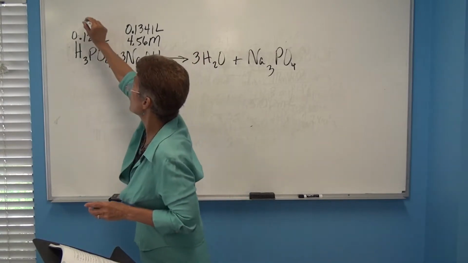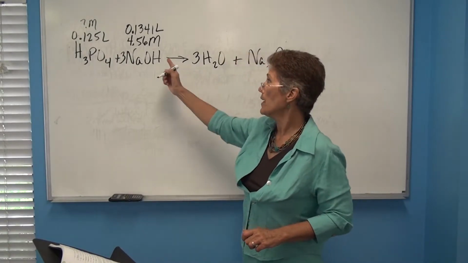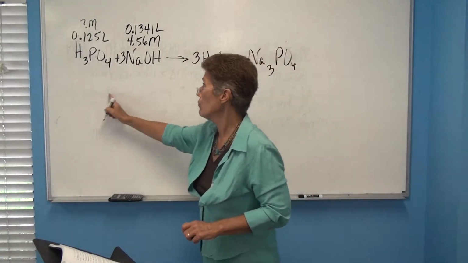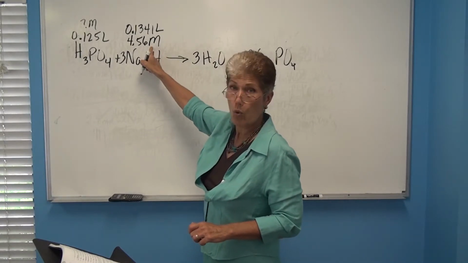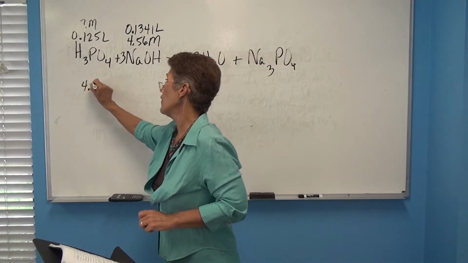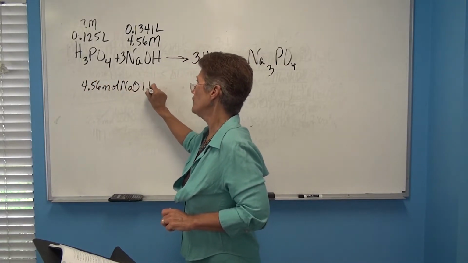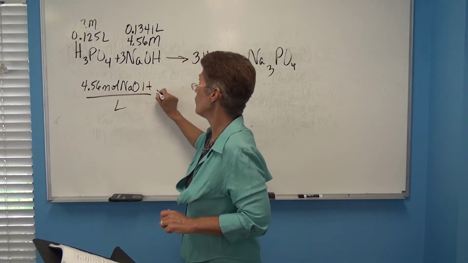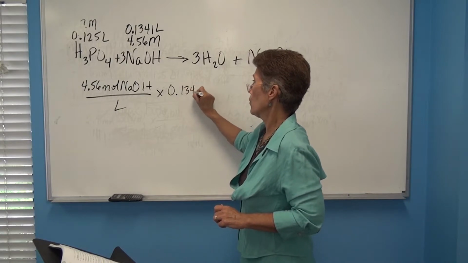What is the concentration? We're looking for the concentration of the acid. So there is my given and my get to, and I've got to go through moles to get from here to here. So I'm going to start by finding the moles of this. Remember, the moles are in here because that's moles per liter. So we're going to go 4.56 moles of sodium hydroxide per liter, and we're going to multiply it by the liters because that'll give me the moles.